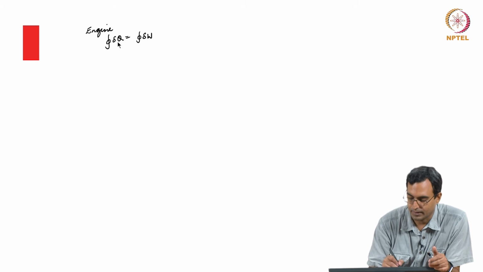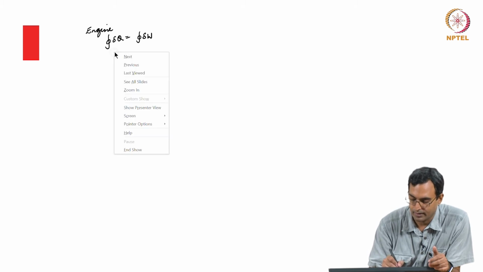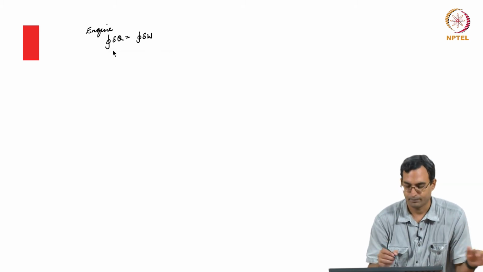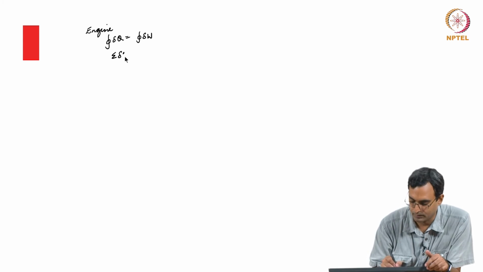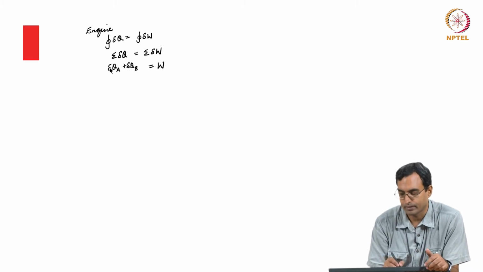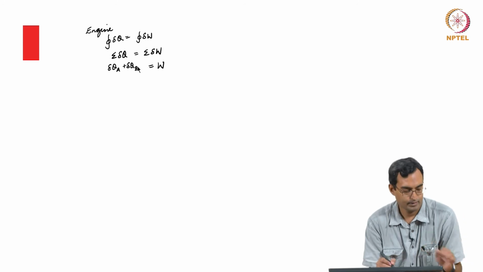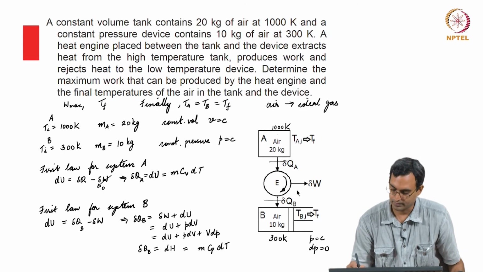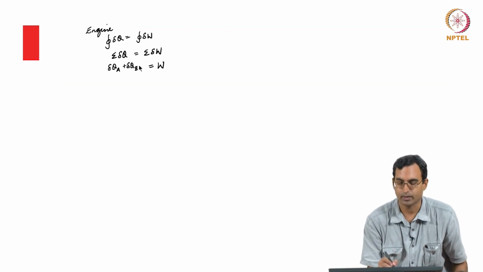So, of course, the expansion of this is also essentially sigma of del Q is sigma of del W. I am just going to call this W. This is del QA plus del QB with the appropriate sign convention which is required. Del QA is positive, it is heat coming into this engine. Del QB is negative, heat going out of the engine.